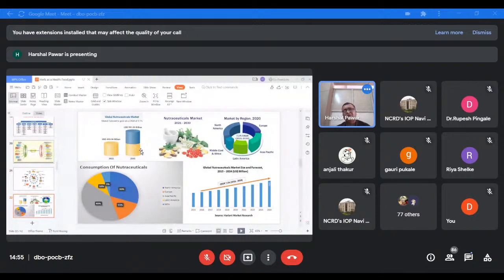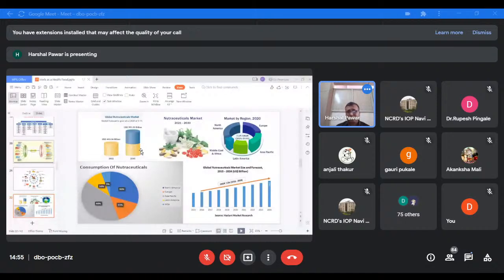So there is a lot of scope, especially in the nutraceutical segment, right?